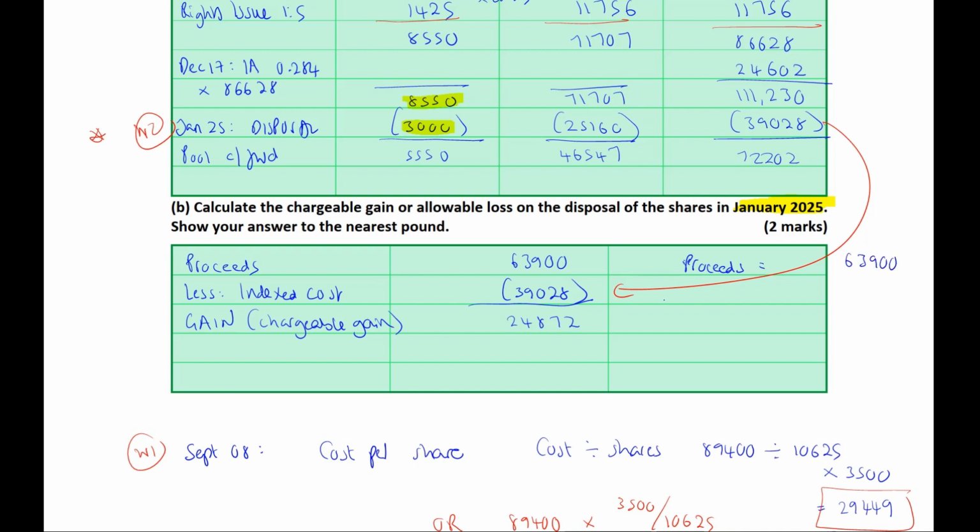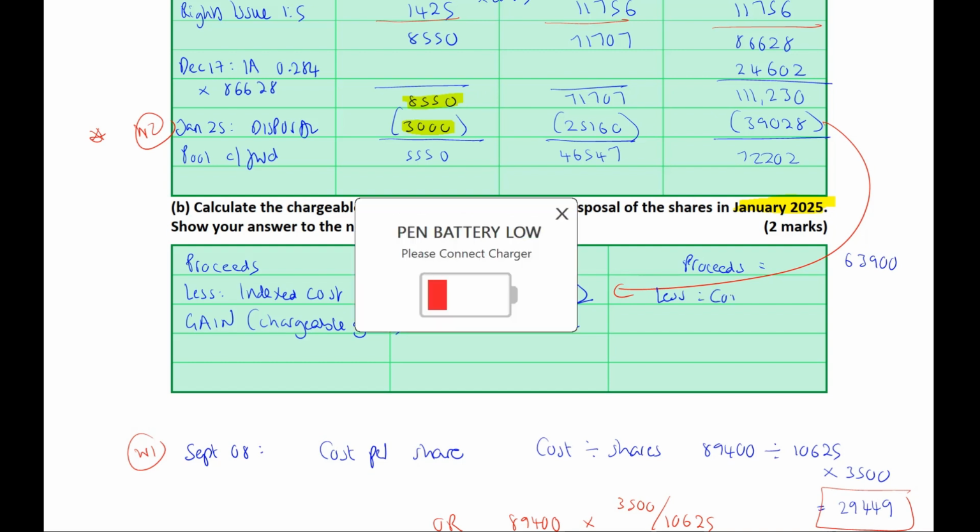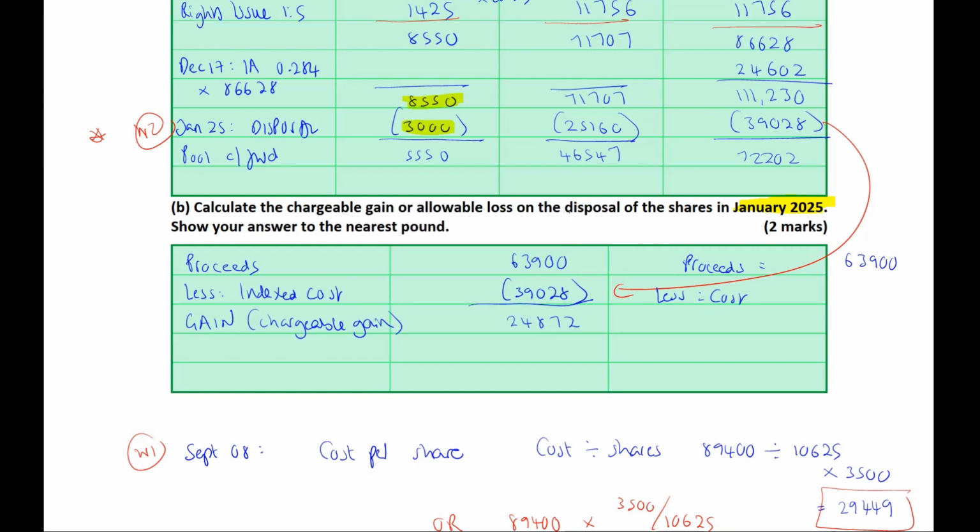You would then have to deduct the cost, which is the cost of the shares disposed of, 25,160, and that would then give you the unindexed gain, or that could be a loss.